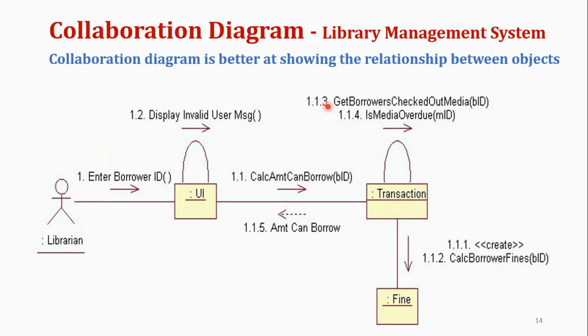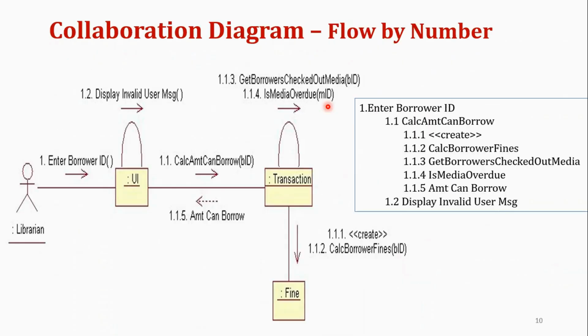And this is the actual collaboration diagram between the objects, the relationships between the objects and messages exchanged between them for the library information system, calculating whether the borrower is able to borrow the book or what fine there is. A small portion of the library management system is given in this diagram, which we explained in the previous one also.